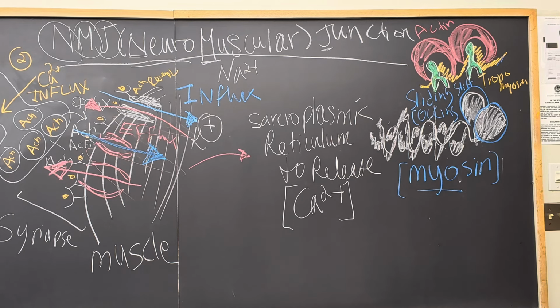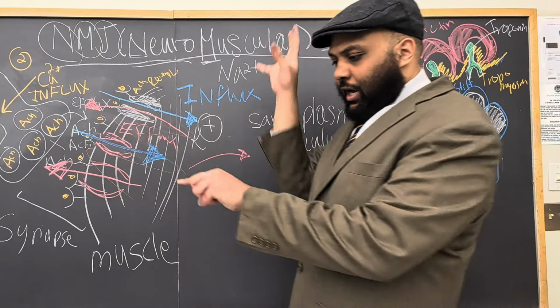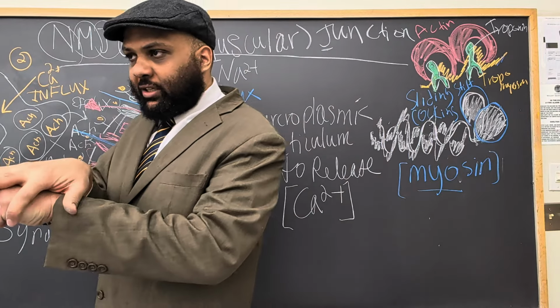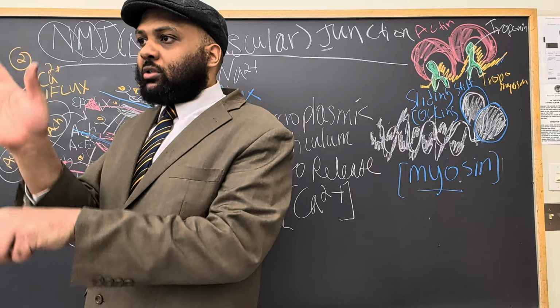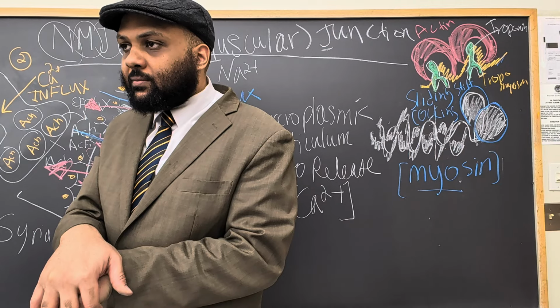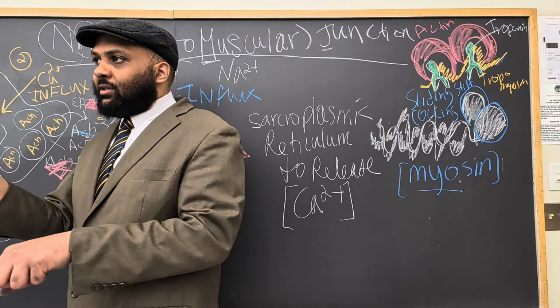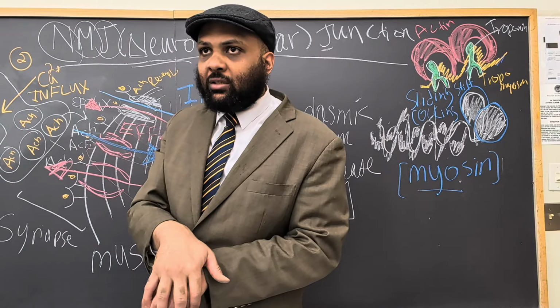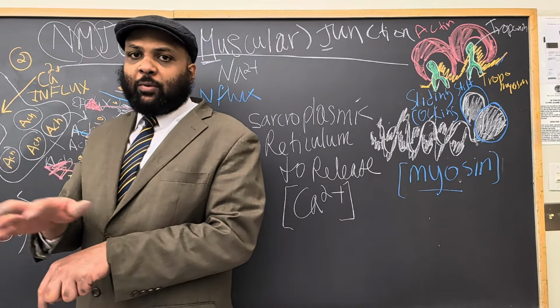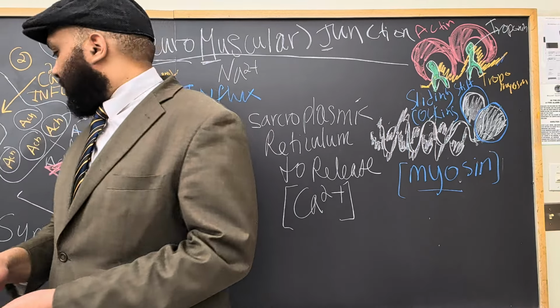Troponin. So troponin is on top of the tropomyosin, and tropomyosin is on top of who? The active sites.